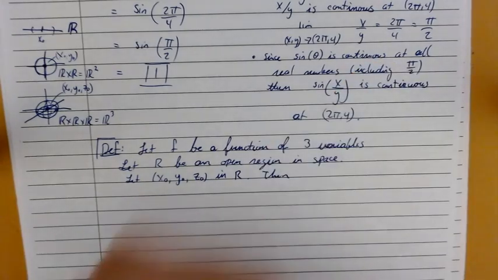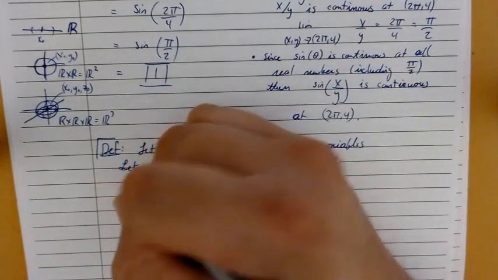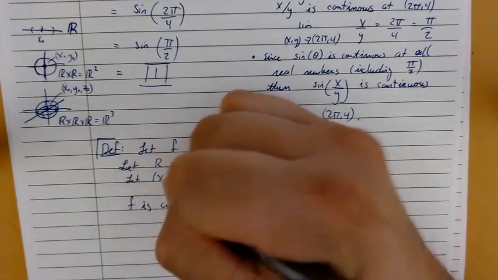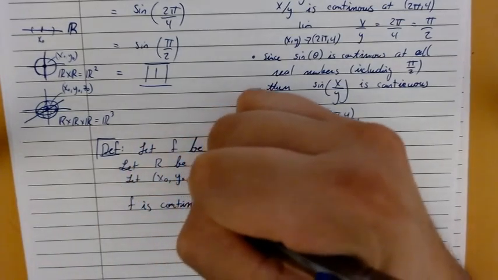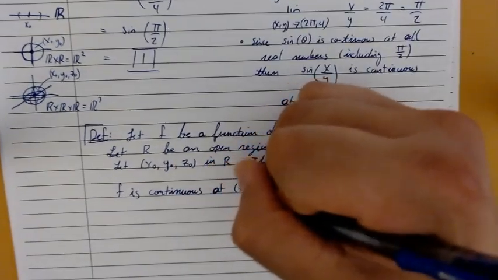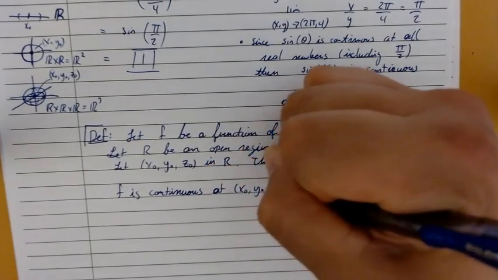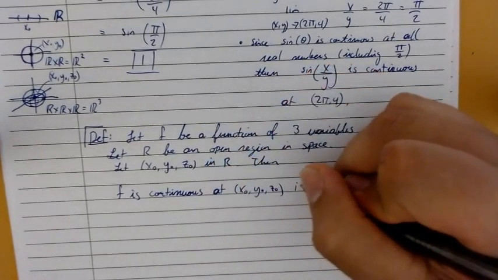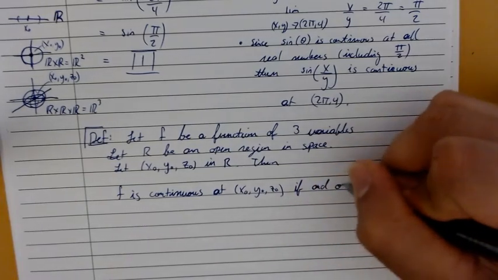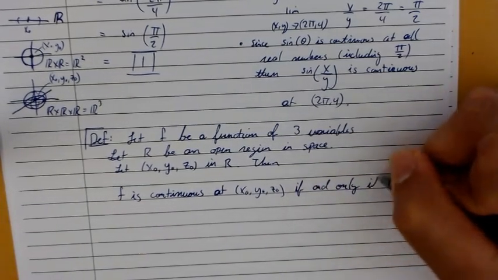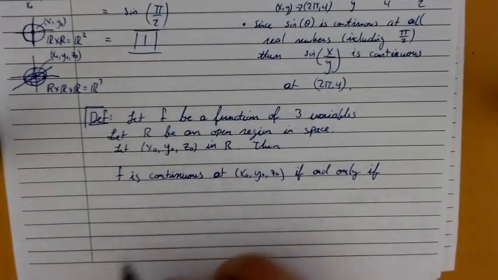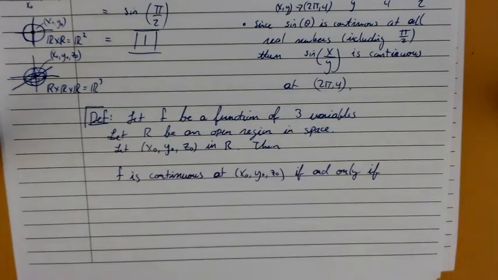Then f is said to be continuous at the point x naught comma y naught comma z naught if and only if, and, well, I think you can see what's coming. It's going to be the same definition with a third component.